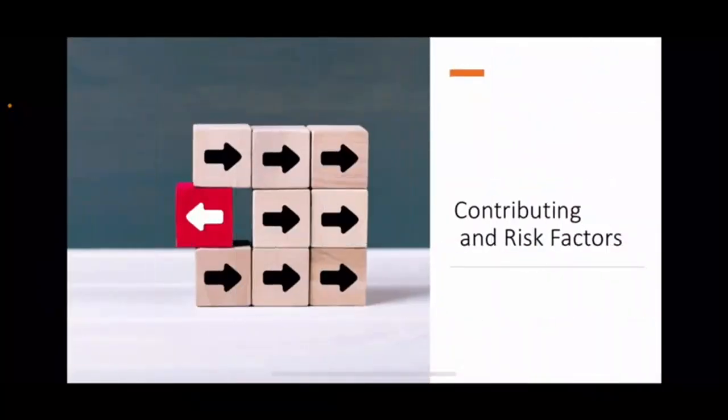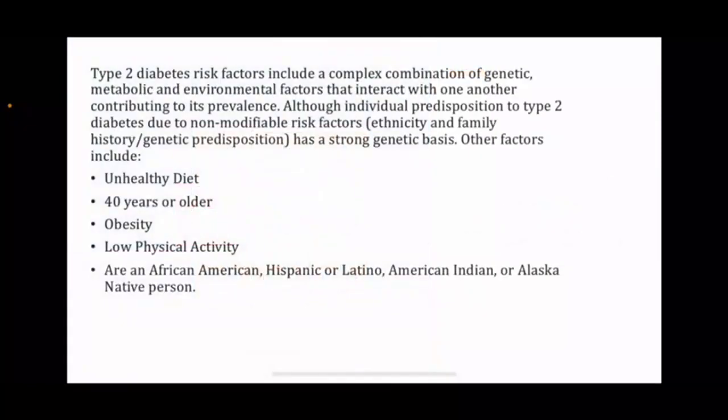Here are some contributing factors to the disease type 2 diabetes mellitus. Type 2 diabetes mellitus risk factors include a complex combination of genetic, metabolic, and environmental factors that interact with one another, contributing to its prevalence.